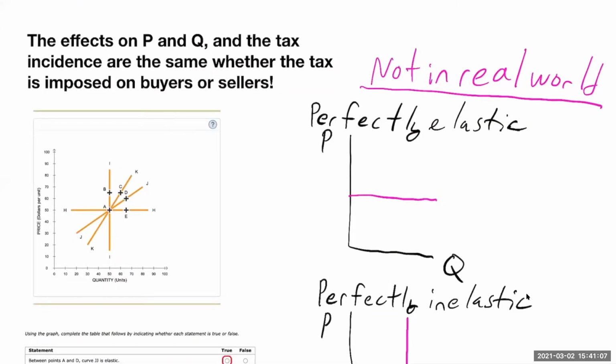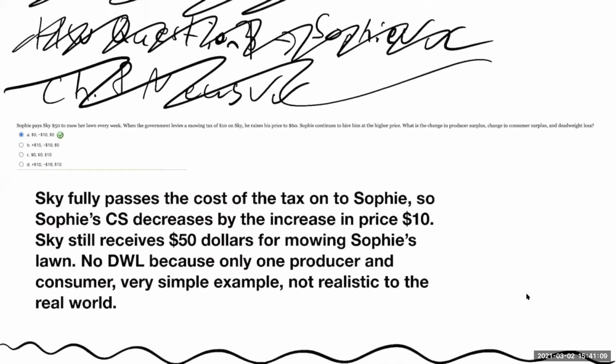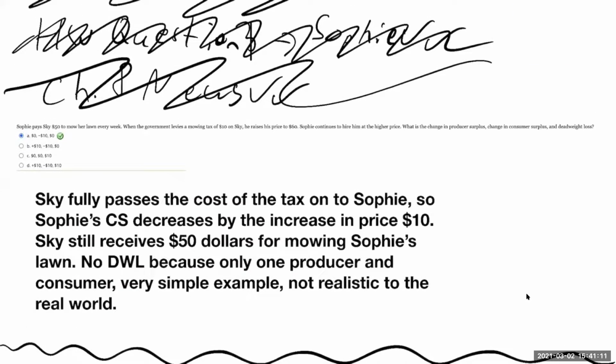Wait, can you explain quickly why there is no deadweight loss? Yeah, so this is a very, very simple example, and there's no deadweight loss because there's only one producer. Sky is the only producer, and Sophie is the only consumer. So there's basically just a one-to-one here.